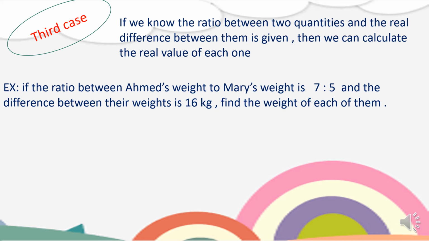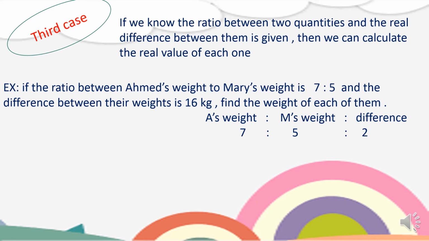That means I subtract the weight of Ahmed and the weight of Mary, and the answer will be 16 kilograms in the real. So Ahmed's weight to Mary's weight is 7 to 5, and I will subtract the parts of the ratio.